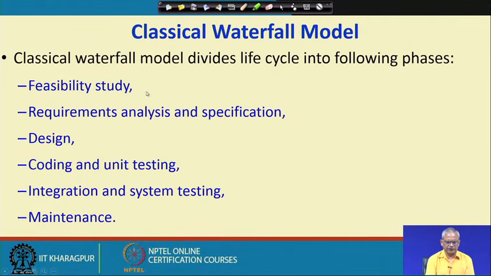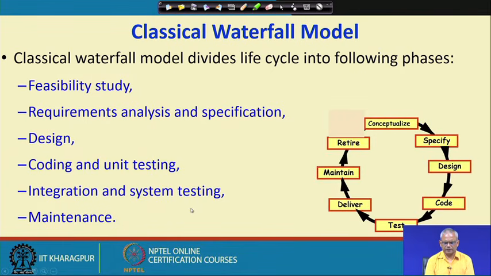Initially do the feasibility study, then the requirements analysis and specification, then based on the requirements do the design, then code it and unit test, and then the next stage is integration and system testing, and then it is delivered and maintained. So, this matches very closely to the intuitive model that we had discussed.